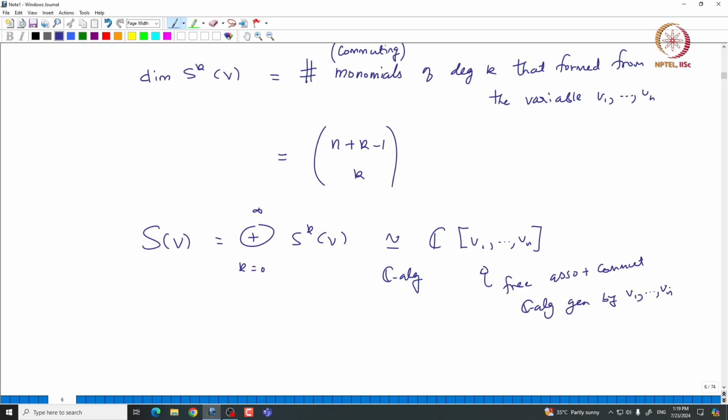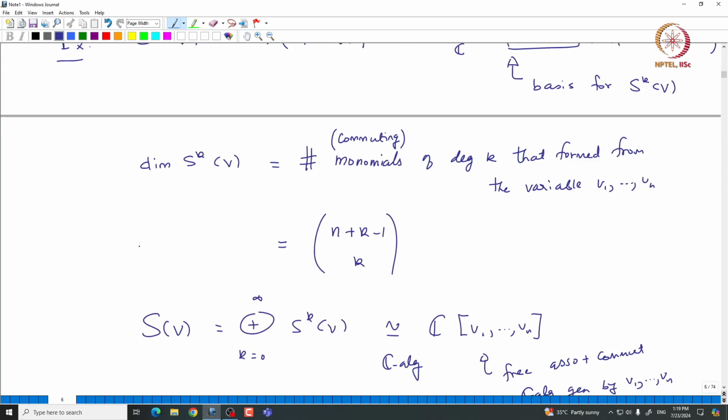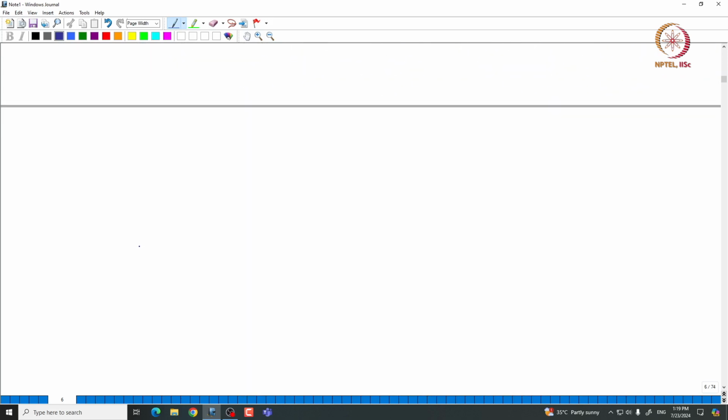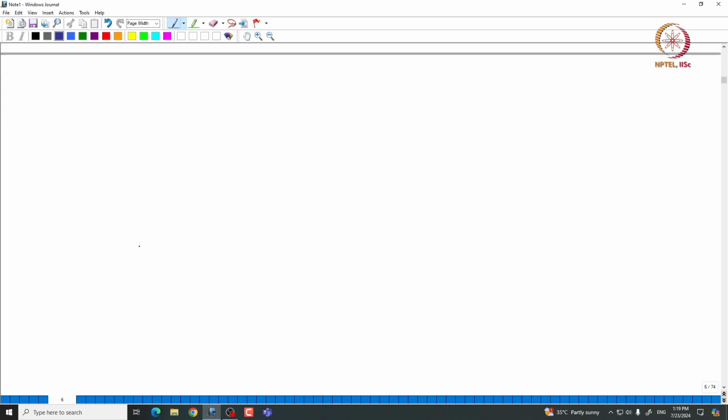So, that means it has to be isomorphic to this S of V. So, this is just from the algebra point of view. Now, what about the module theory connection? Okay. As representations, we have some relationship between symmetric tensors and this Sk of V. So, let us try to actually understand that.